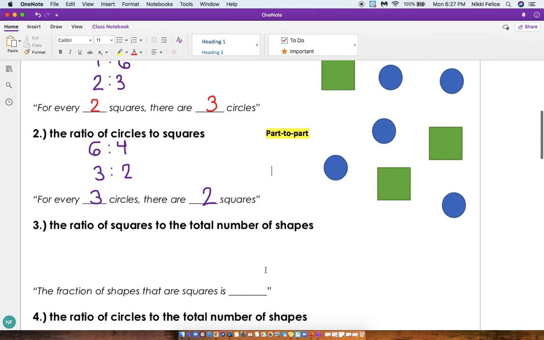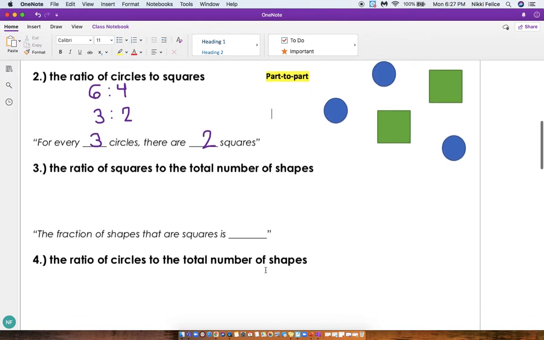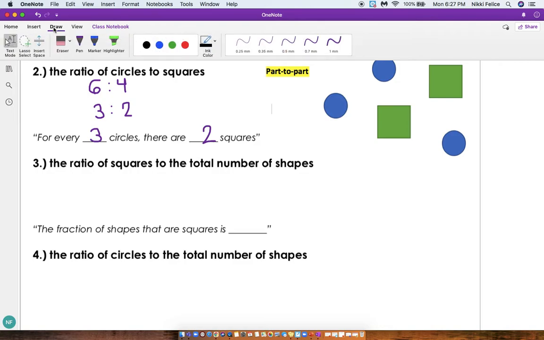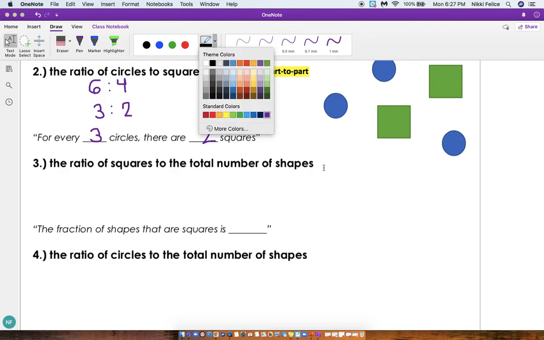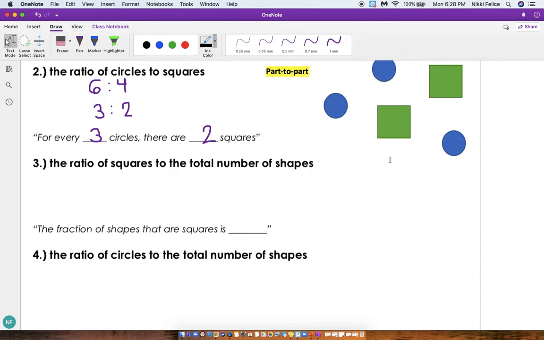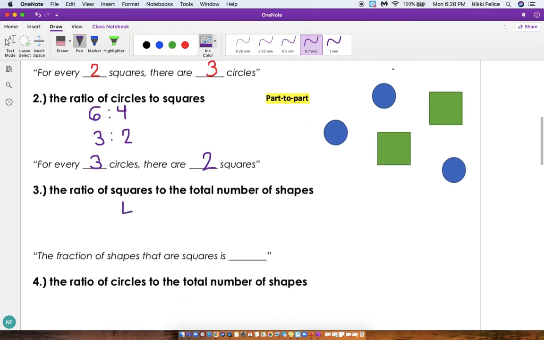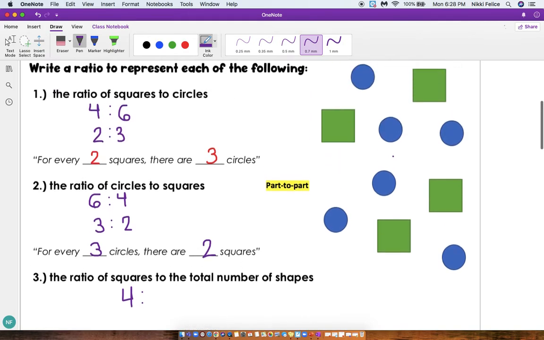Now in number 3, we have a different type of ratio. We're going to be comparing the ratio of squares to the total number of shapes. Squares to the total number of shapes. Well, we know there are 4 squares. And how many total number of shapes are there?